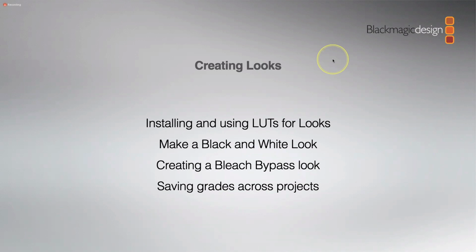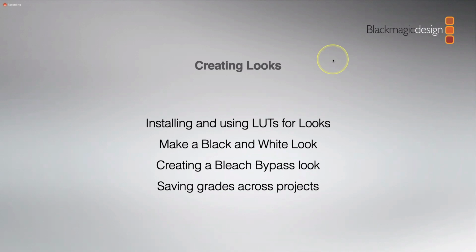So that's what this chapter is about. It's very short. It gives us a couple of examples, but the main thing is being able to use LUTs in Resolve, both custom LUTs and some of the built-in LUTs that we've got. The problem with using LUTs is they're pretty dependent on making sure you've got the right one. It's not just a case of browsing through and looking for them.